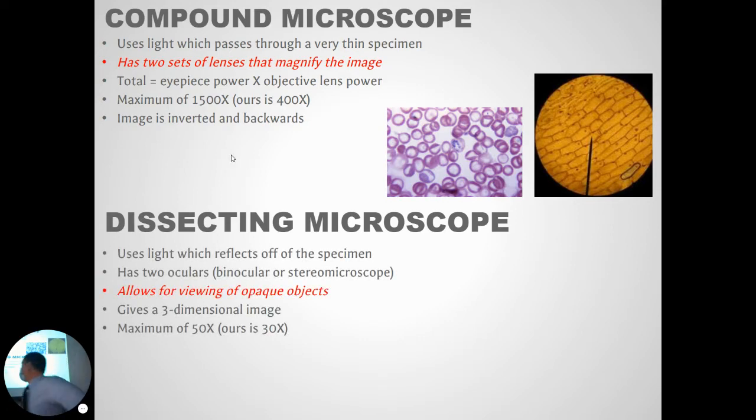hand. The dissecting microscope works a little differently. The dissecting microscope, sometimes called a binocular microscope, works in a little bit different way.